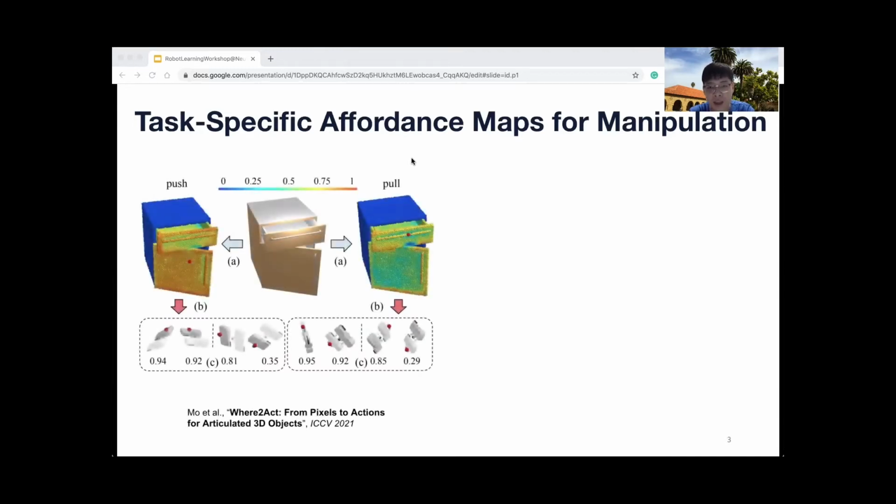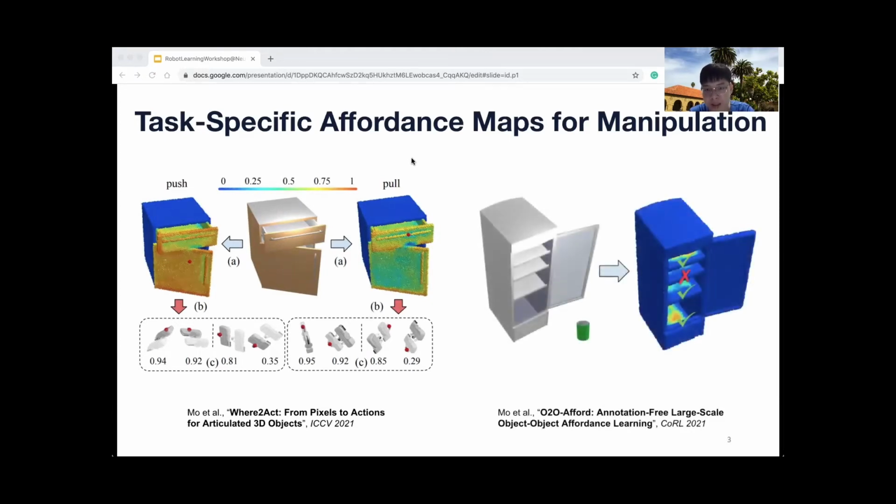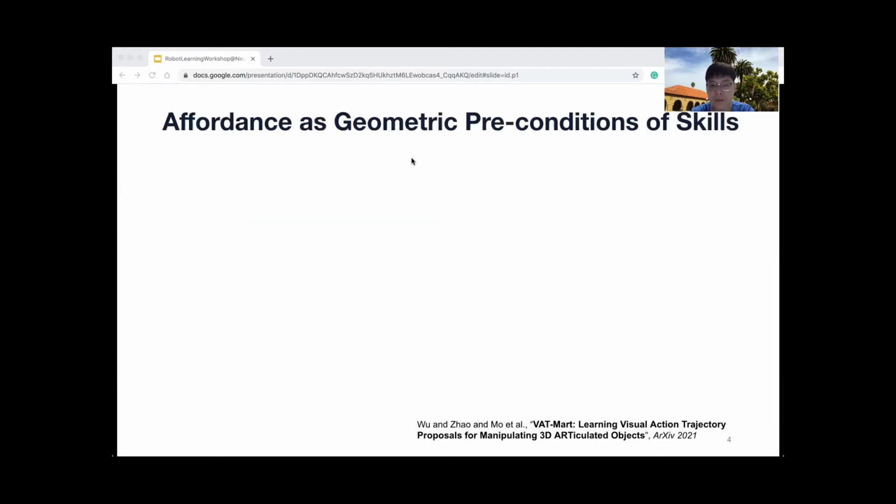In Where to Act, we learn agent-object manipulation affordance given different action types, say pushing or pulling. While the O2O-Afford work extends the framework to learn object-object interaction affordance. Both works learn manipulation affordance as geometric preconditions of manipulation skills.